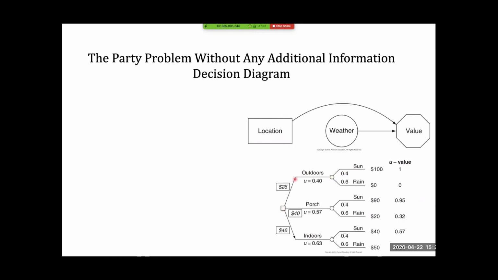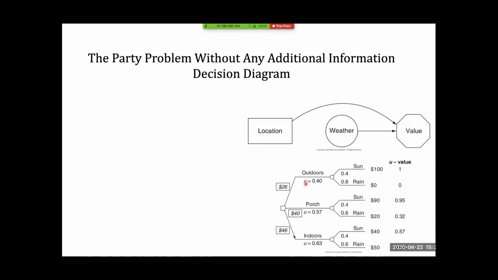Why? Because after each alternative, you may have a sunny day, you may have a rainy day. That is what we mean by saying that at the time of the decision, you are facing uncertain weather. Here, weather is represented by a round or oval node to represent the uncertainty that we have about it. And then the values, such as $100, are represented by the value node over here.